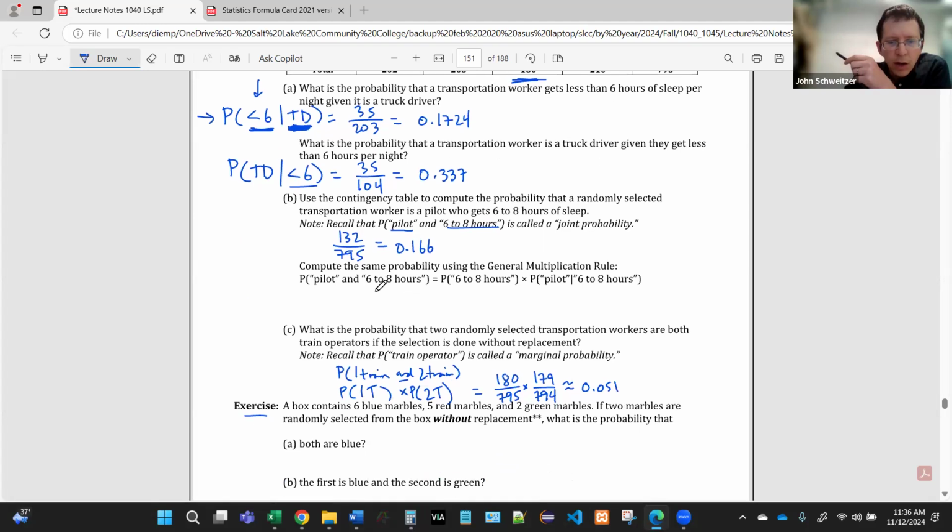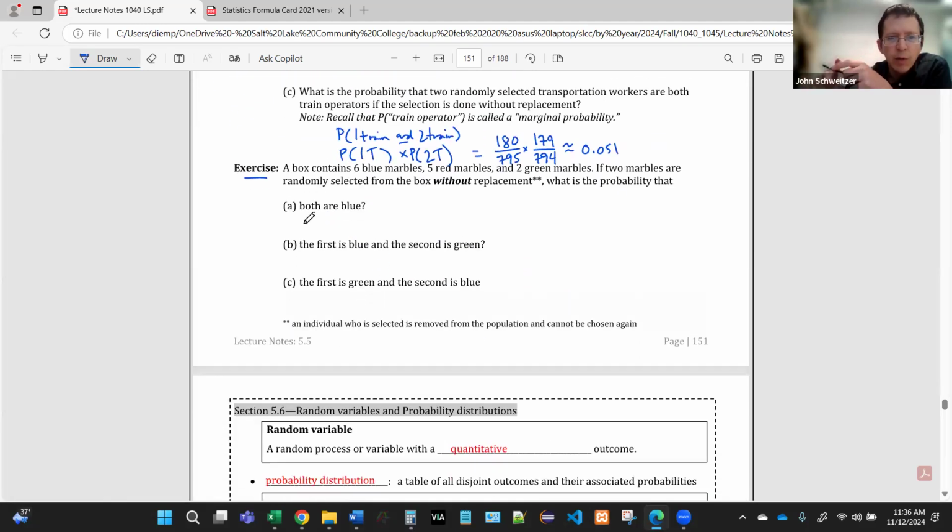Then you'll probably also have another probability problem that resembles this kind of scenario where you've got a box or a bag of either marbles or maybe chips with numbers on them, or tulip bulbs with different colors. These kinds of problems are kind of easier to set up, and they're really good at testing students' knowledge of the probability rules. So you'll probably see one of these on there as well.